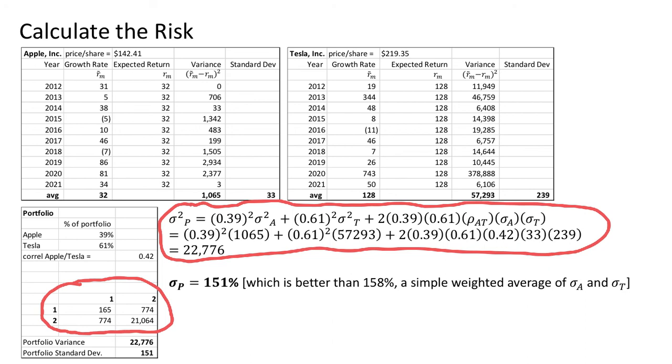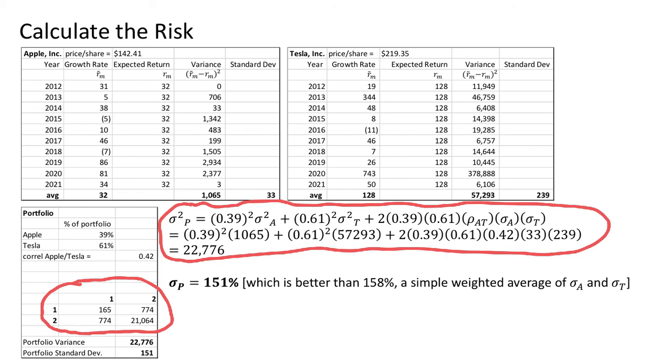Now, if we take the square root of 22,776 percentage squared, we get a standard deviation for our two-stock portfolio equal to 151%, which is a very significant standard deviation. Now, if you were to take a weighted arithmetic average of Apple Inc.'s standard deviation and Tesla's standard deviation, you would get a portfolio standard deviation of 158%.